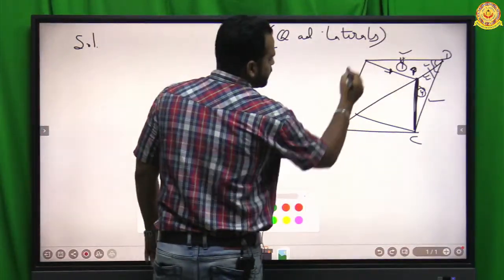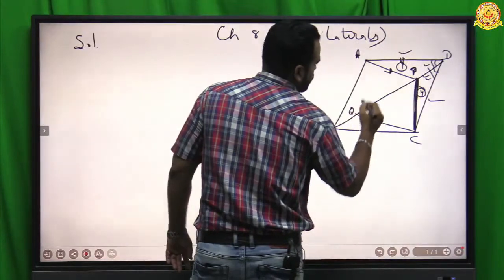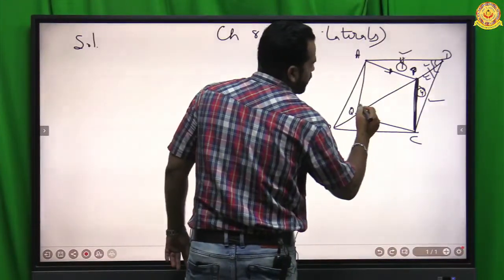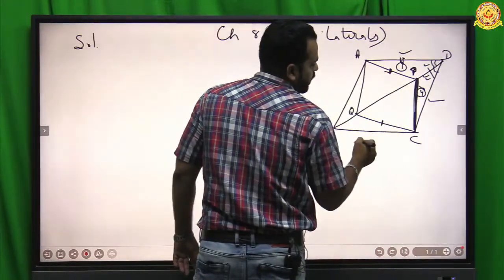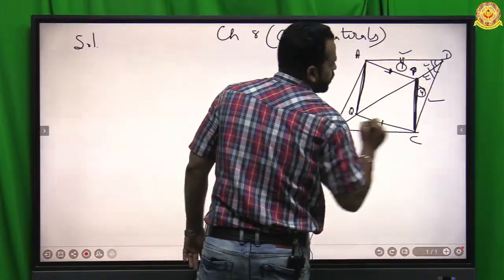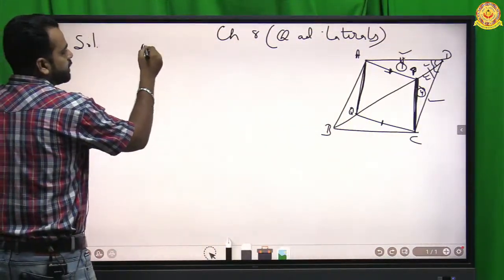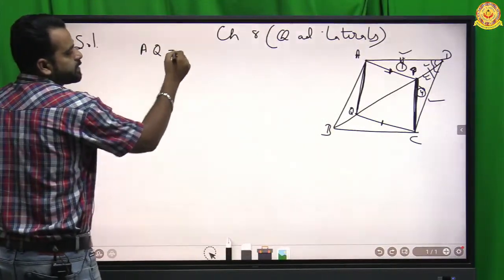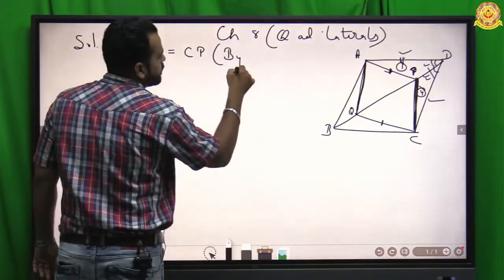These are our points A, B, this is Q, join A to Q. So we already proved that this line is equal to this one, and now we are going to prove that this line AQ is equal to CP, right? So here we can write it, therefore AQ is equal to CP. Reason is by CPCT.